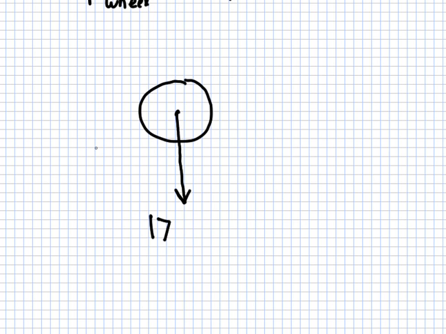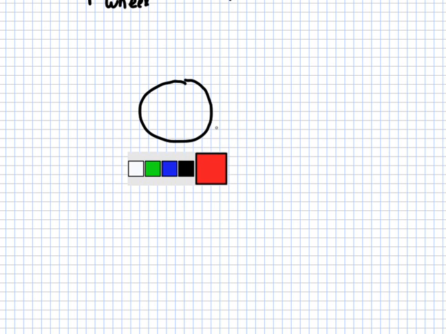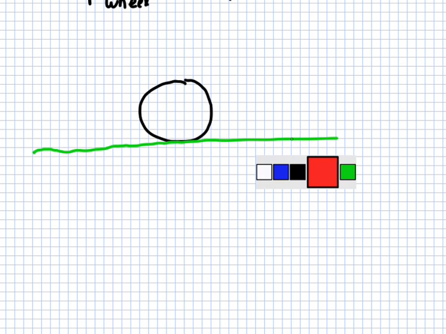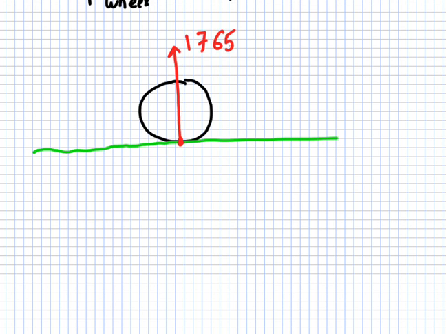You know what, I'll just redraw these arrows a little bit more accurately. The reaction is actually between, here, let me put some grass on the ground here. There's the ground. The reaction is actually right here at the base. What did I say, 1765.8 newtons. And then there's a downward weight here of 1765.8 newtons. But now we have this extra force, the force that makes the car go forward.